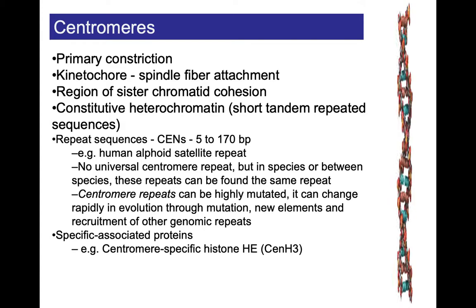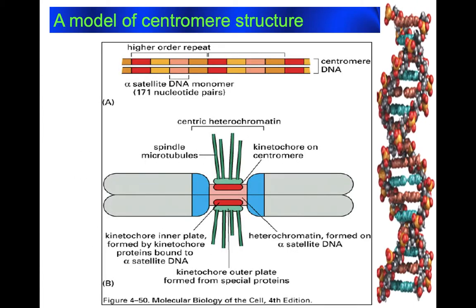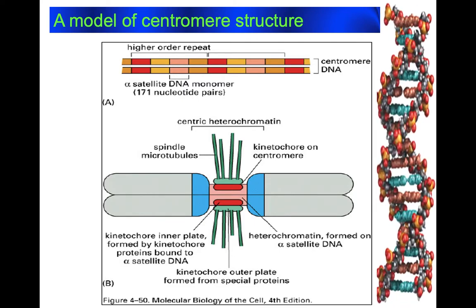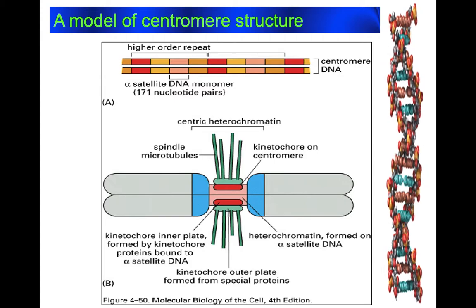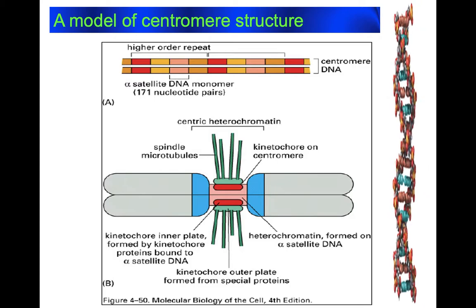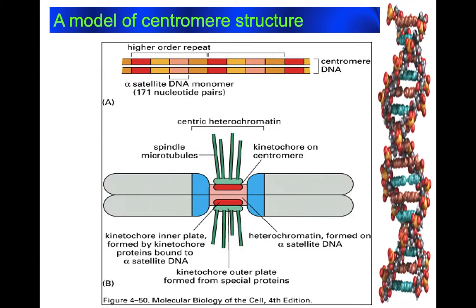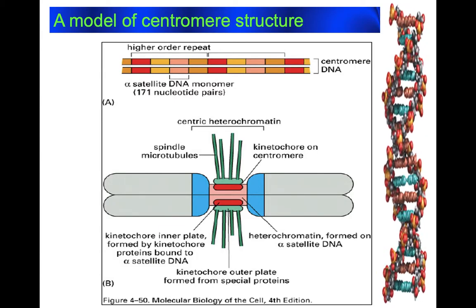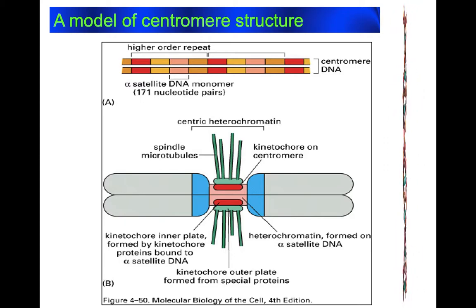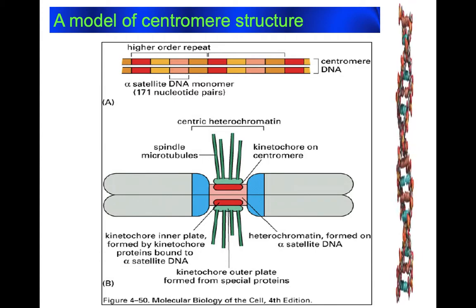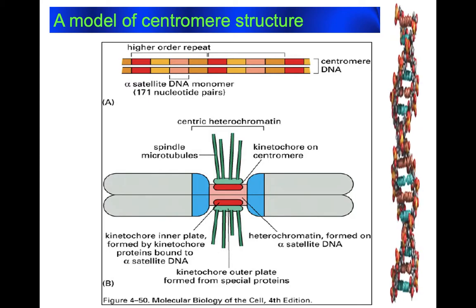What else? Here, let's take a look at a model of the centromere. So here you can see a central centromere, a metacentric centromere. You can appreciate that the repeats comprising the satellite DNA monomer are highly ordered repeats, and they of course exist at particular frequencies.